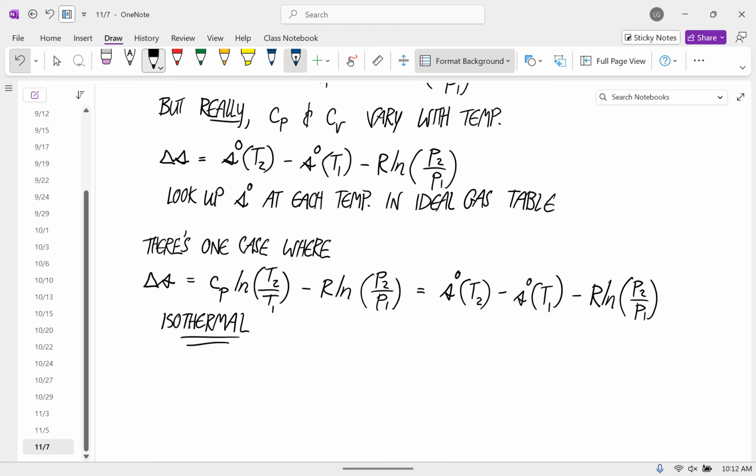Because in that case, those temperatures are the same, so this term goes away. S super 0 is the same for these two temperatures, so these cancel, and you just end up with delta S equal to negative R natural log of P2 over P1.